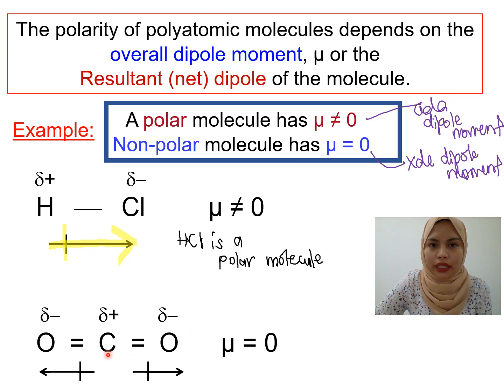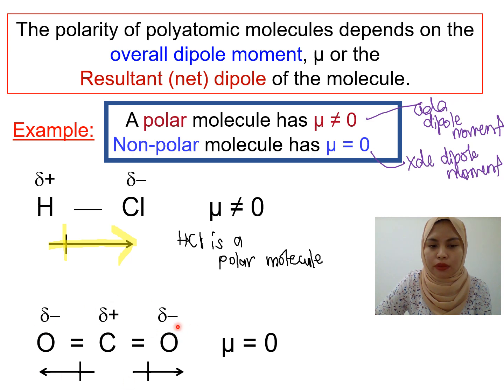CO2, carbon is less electronegative than oxygen atom. Okay, you jangan tersilap, carbon dengan oxygen ni dia punya bond walaupun dia double bond is a polar bond. Kiranya the bond between carbon dengan oxygen is a polar bond. Sebab kenapa? Sebab mereka ada difference in electronegativity. Tapi doesn't mean diorang punya bond ni polar, doesn't mean diorang punya molekul ni polar.